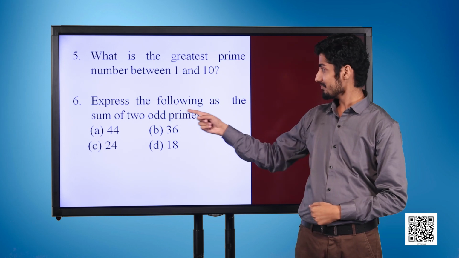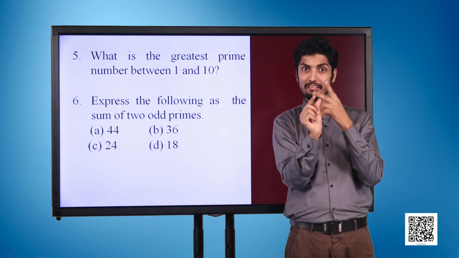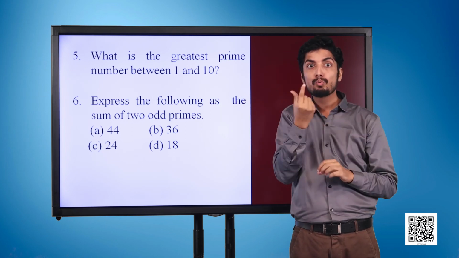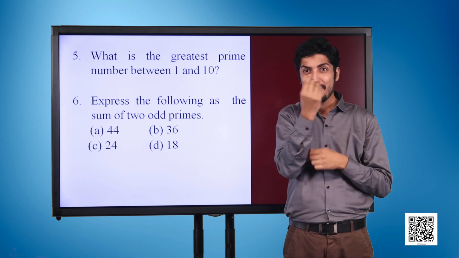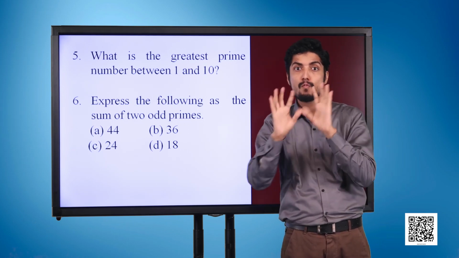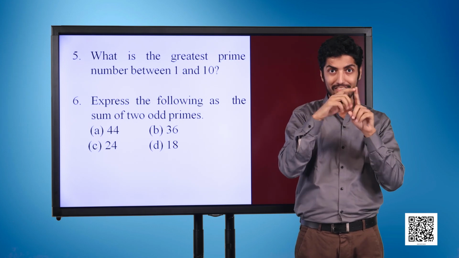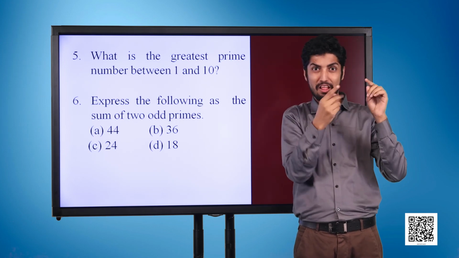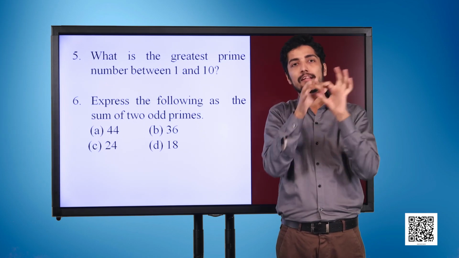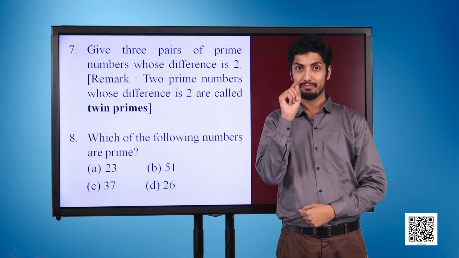6. Express the following as the sum of two odd primes. A. 44, B. 36, C. 24, D. 18. 7.